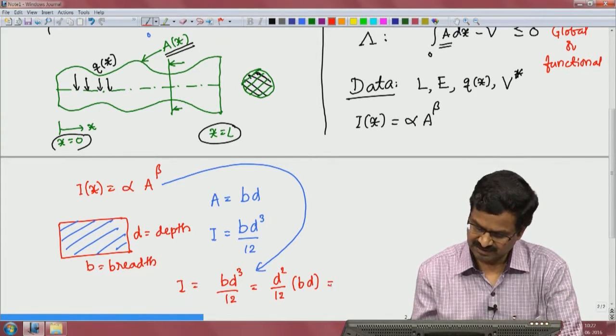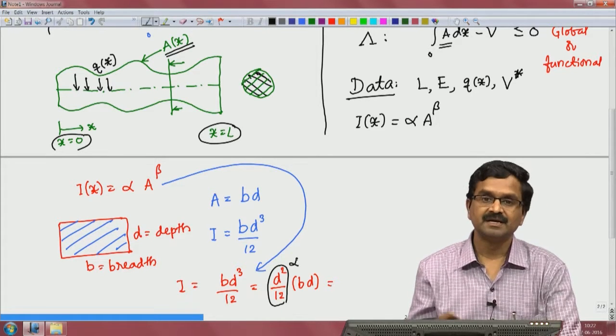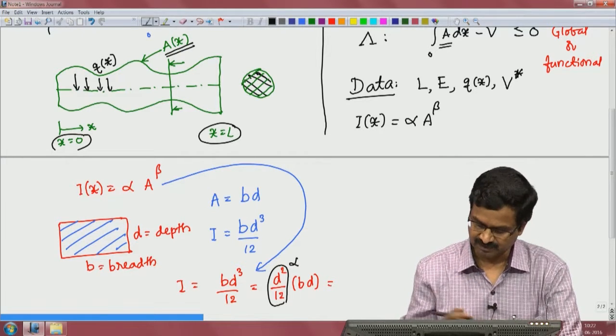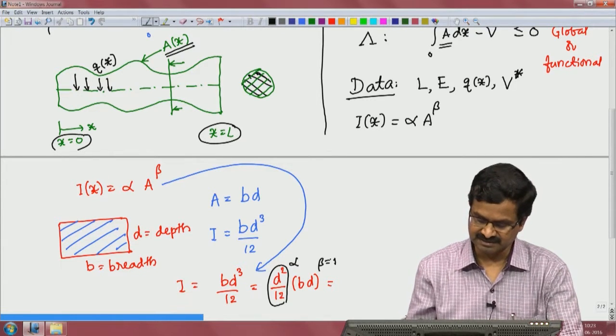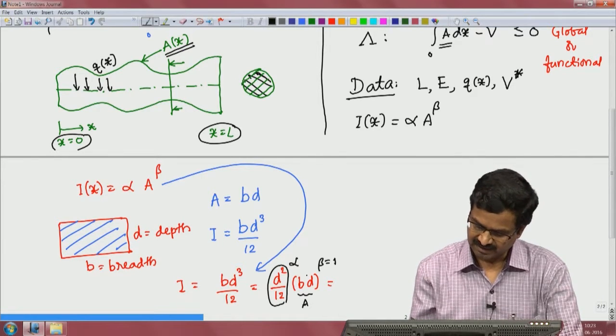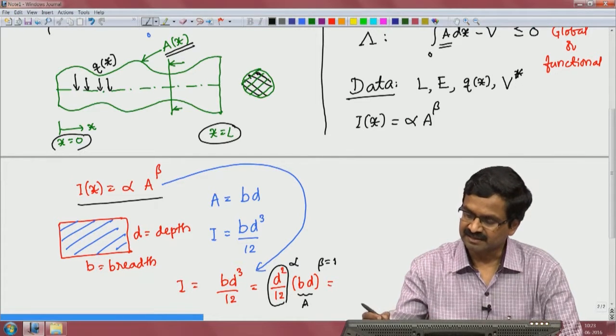If I do this, essentially what I am saying is that this quantity here is my alpha, okay, because d I am assuming, I am assuming the depth of the beam and vary the width, okay, and beta that we have will be equal to 1, because it is just the area, B d is area, right. So, we get in the form that we wanted. Okay. Let us take that here.